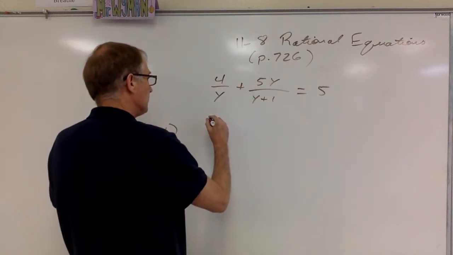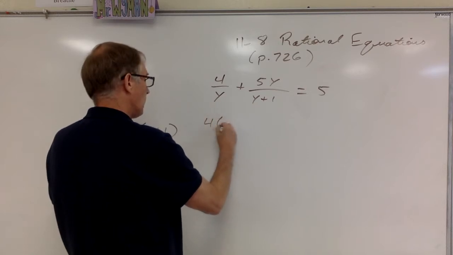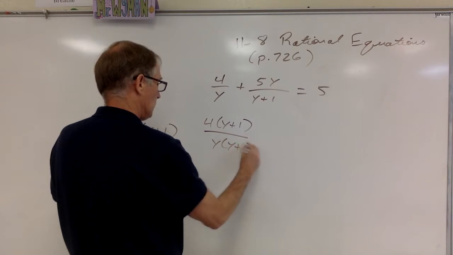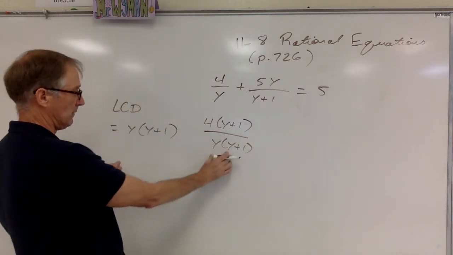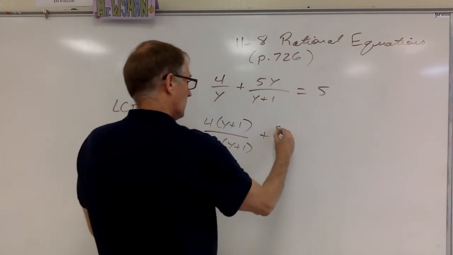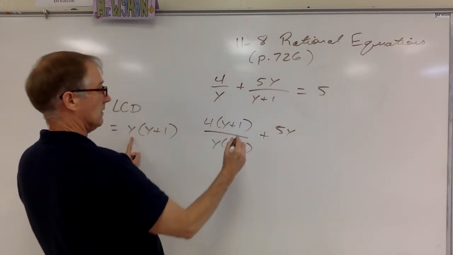So I'm going to get 4 times y plus 1 all over y plus 1, so that's my common denominator, multiply top and bottom there, plus 5y times y.